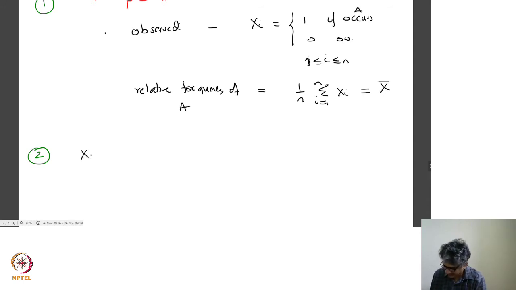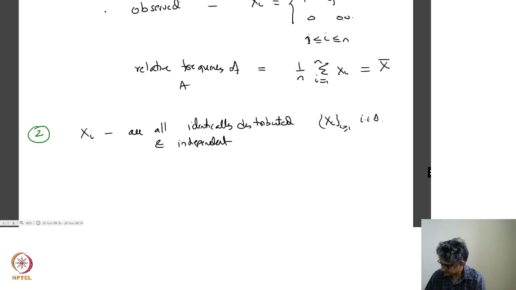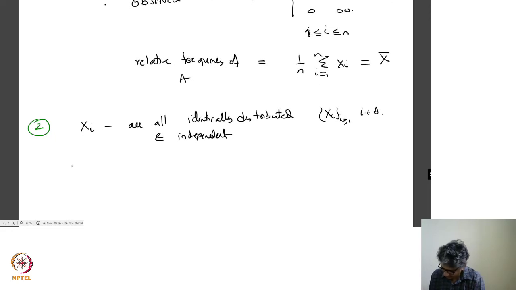The observation is that the xi are all identically distributed and independent. That is, the xi's are IID. So now let's look at x1. What's E of x1?